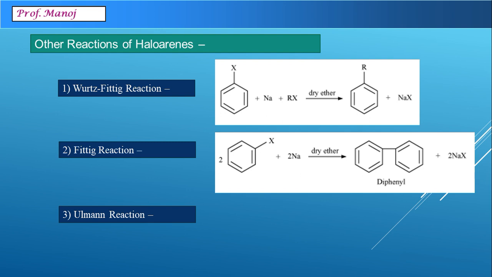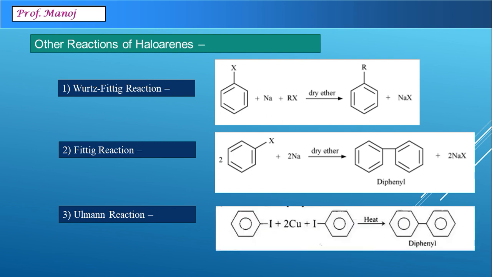It's also called Ullmann biphenyl synthesis. And you can see a particular condition in which the reaction happens. Ullmann reaction takes place only when we have iodobenzene heated with copper powder. This reaction does not take place for chloro or bromobenzene at all, and it only produces diphenyl.